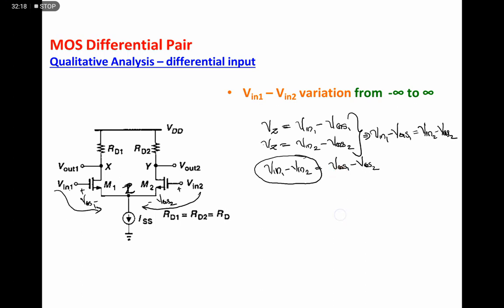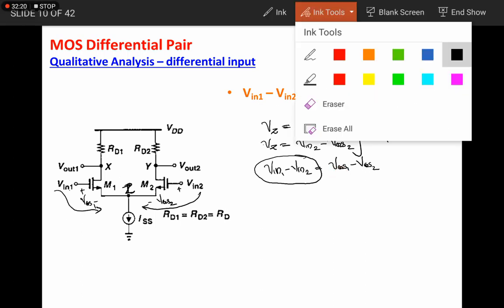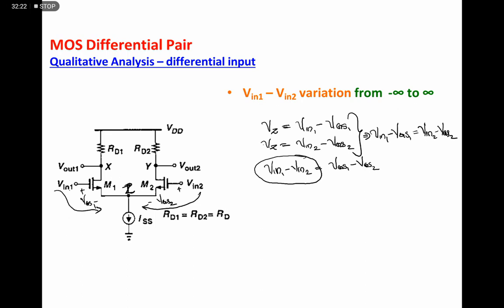So how will we find VGS1? If the current through these transistors, this one is ID1, this one is ID2, then we know ID1 in saturation is 1 by 2 mu n COX W by L into VGS minus VTH the whole square.